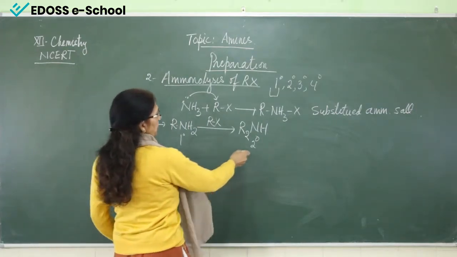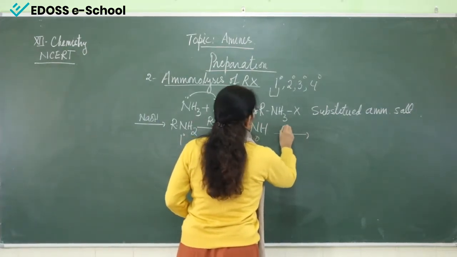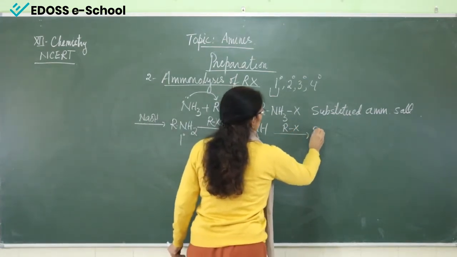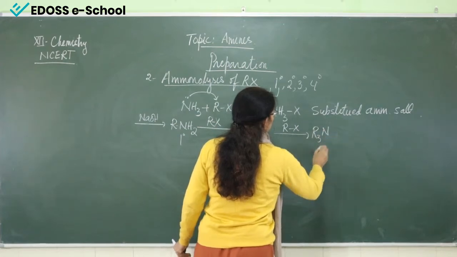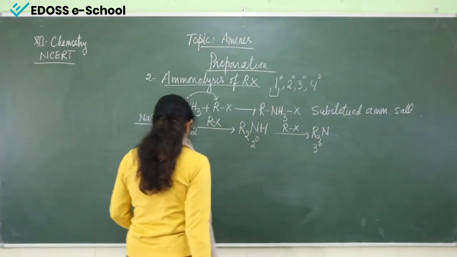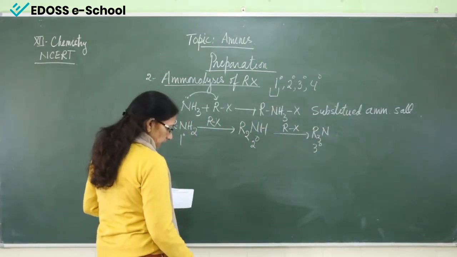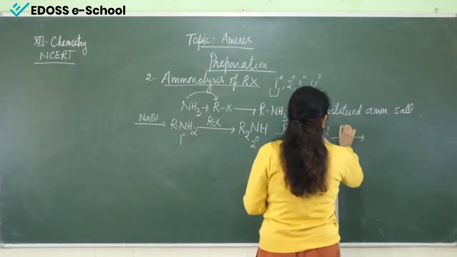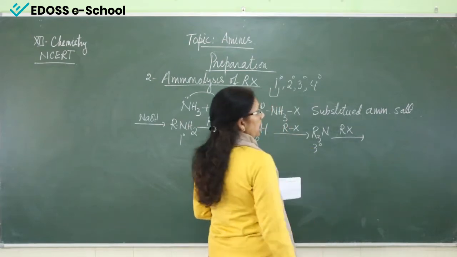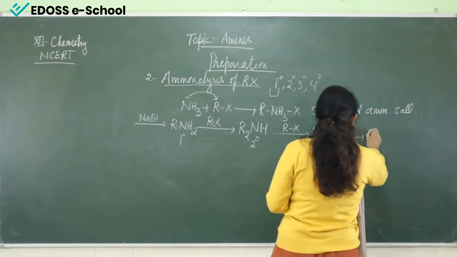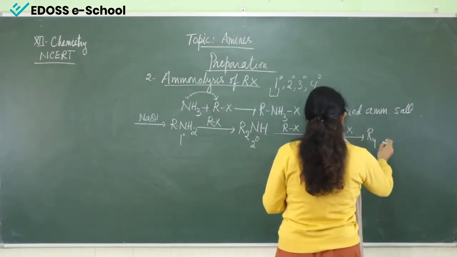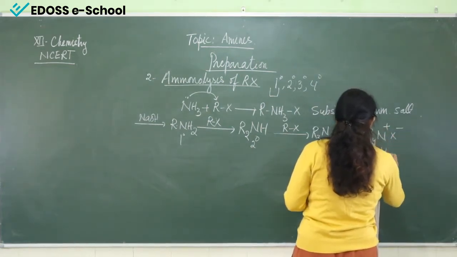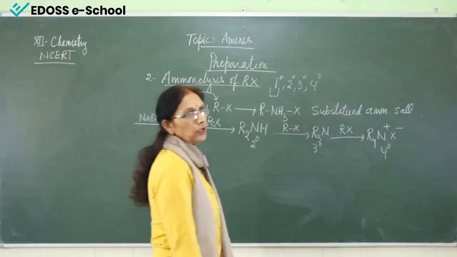And again this secondary amine will react with alkyl halide and convert into tertiary amine. And again the tertiary amine will react with alkyl halide and we will get quaternary ammonium salt.